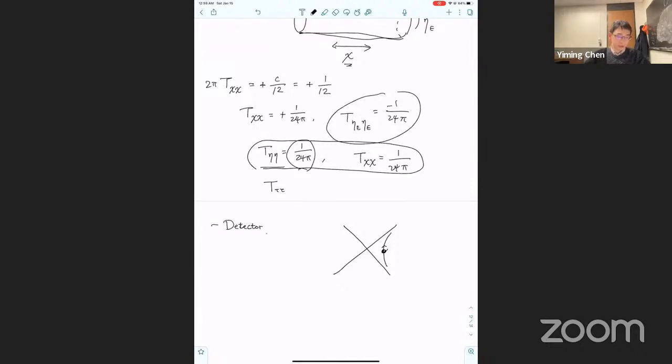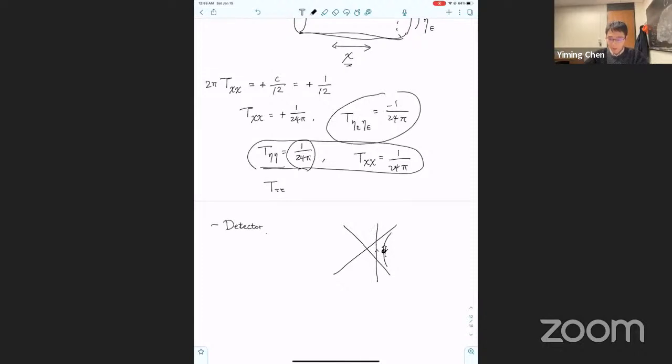So that's the way to understand that if you already have a detector, you will see a signal as if you are in a thermal environment. But the puzzle that people raised is: how do you understand this process from a Minkowski observer's point of view? Imagine that I'm an observer that just passes by, traveling along this line.